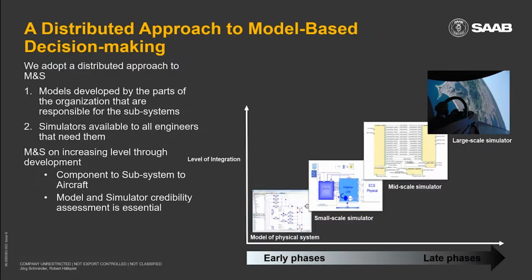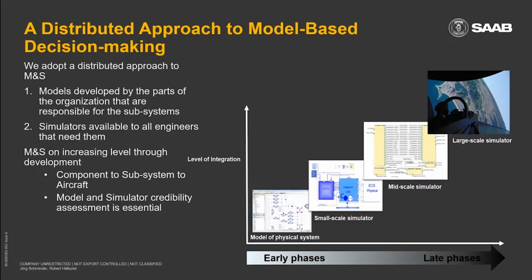We strive to make simulations, models, and simulators available to all engineers that need them throughout all the life cycle phases. And we employ modeling and simulation on an increasing system level throughout development, ranging from component to subsystem to aircraft and systems of systems in the end.